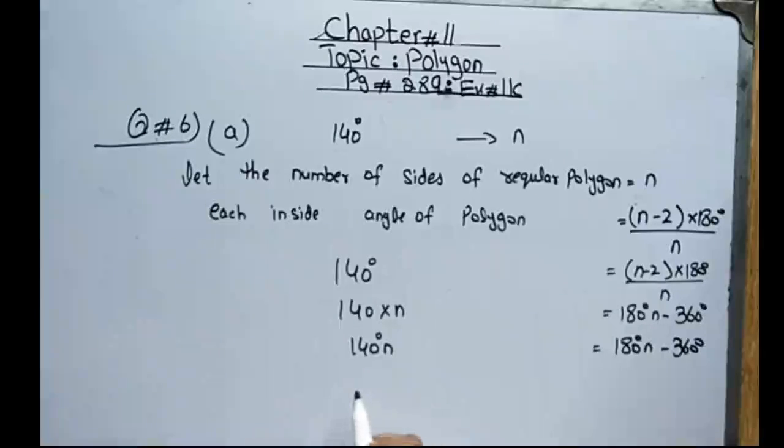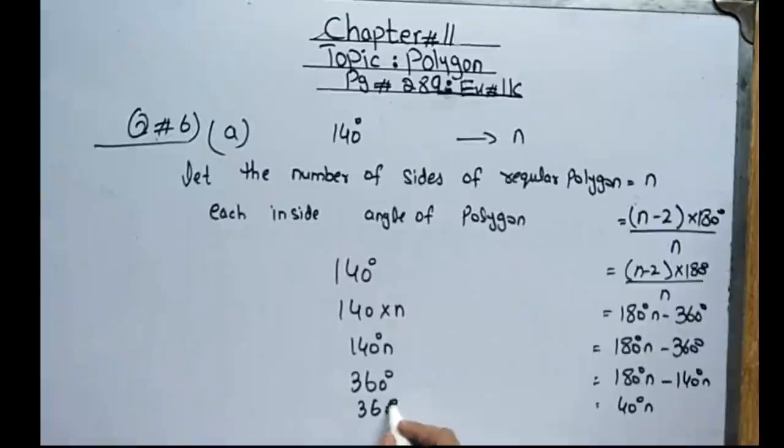As we are finding the n value, arrange the constant numbers on one side and the variable on the other side. So 360 will move here, and n is a variable, so 140n will move to the other side and become minus 140n. So 180 minus 140, 40n is equal to 360. Leave the n here as we are finding the n value. So 360 divided by 40.